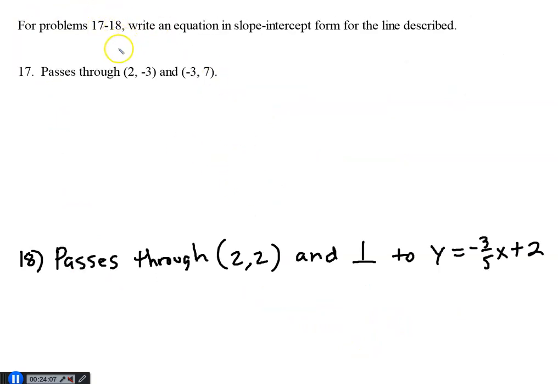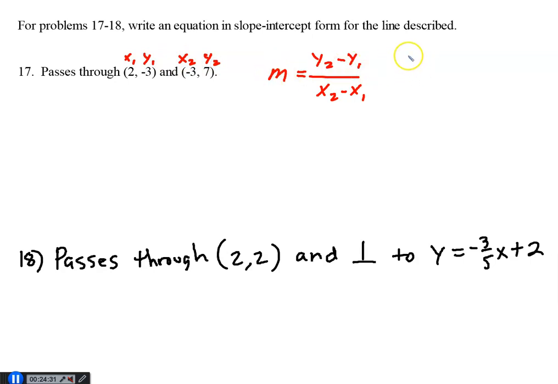17, we're back to these. We had some of these on the last test, so we're trying to write the equation for this line that goes through these 2 points. First I have to find the slope, and if you forgot, here's the slope formula given 2 points. Here's the first x, here's the first y, second x, second y.